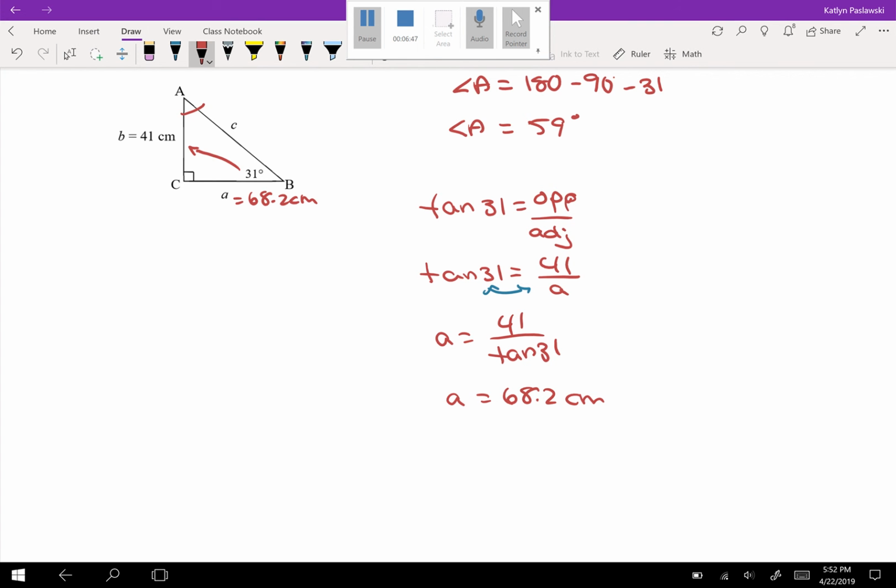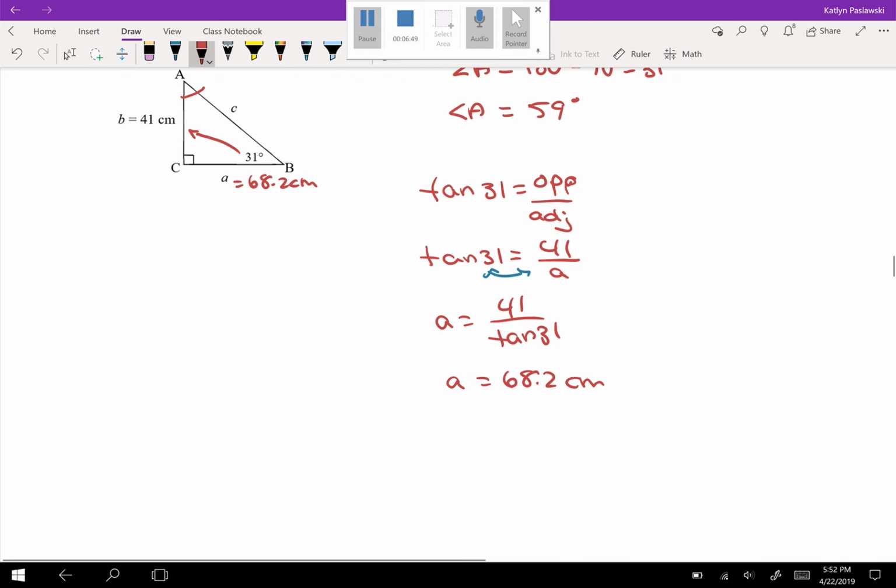I'm now going to use side A and side B using Pythagorean theorem to solve for side C. So I have A squared plus B squared is equal to C squared. The value of A is 68.2 squared plus 41 squared is equal to C squared. 4,651.24 plus 1,681 is equal to C squared.